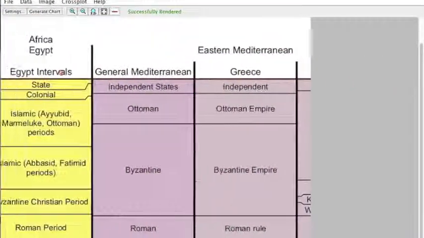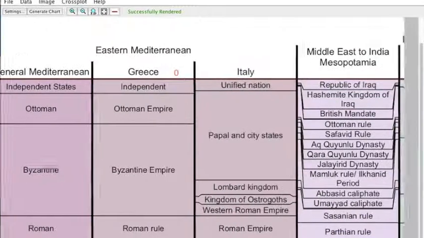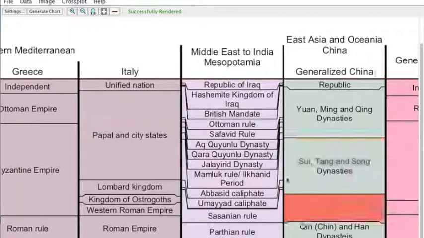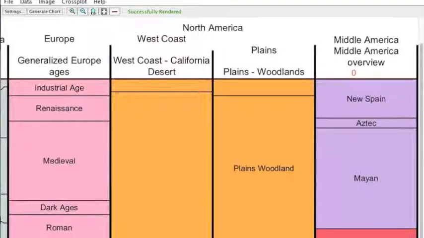For example, Jesus was around these places. Okay, and you may want to know what was happening in Italy at the time, or what was happening in America at the time. Okay.